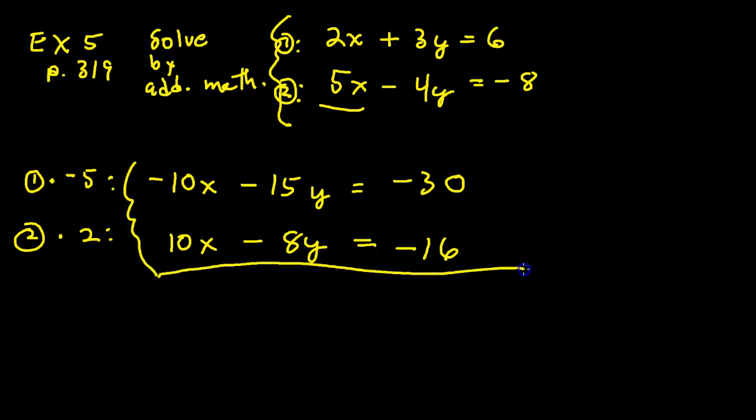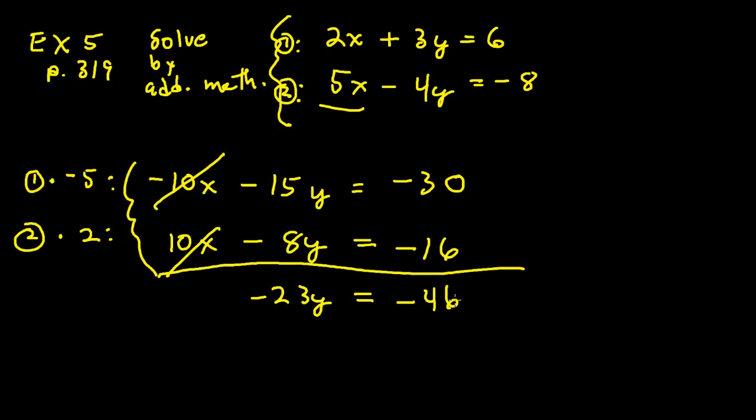Only in this system, when I add the equations, the 10x's will cancel out. 10x and minus 10x will cancel out. I'll get, well, minus 15y minus 8y will give me a minus 23y, right? Equals minus 30 minus 16 is minus 46.